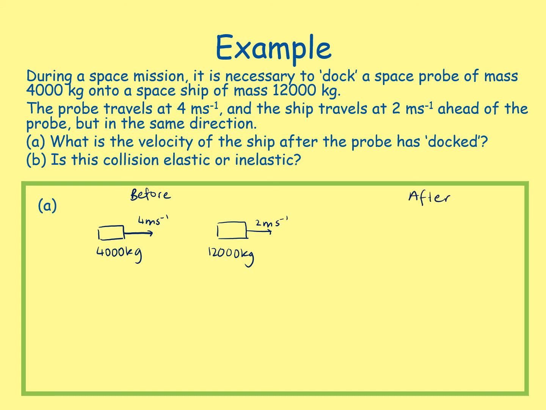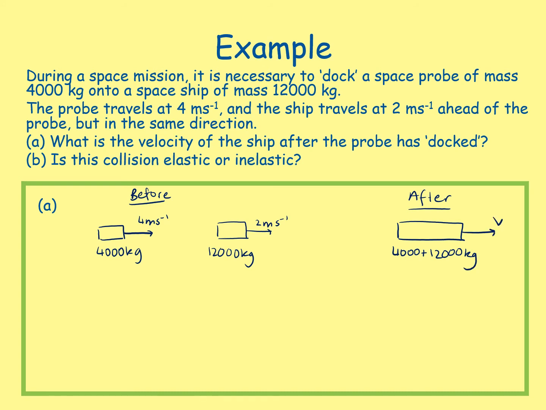Afterwards, the probe is docking to the ship, so we're going to have a combined mass of 4,000 plus 12,000 kilograms. And it's going to have an unknown velocity there.